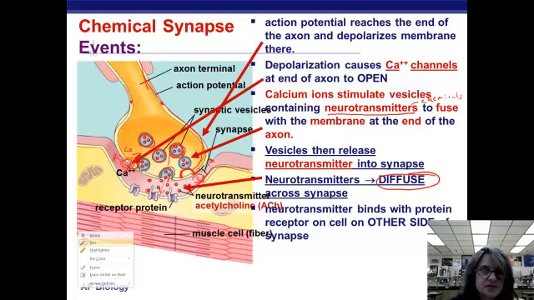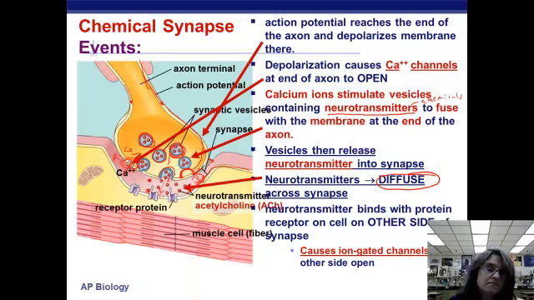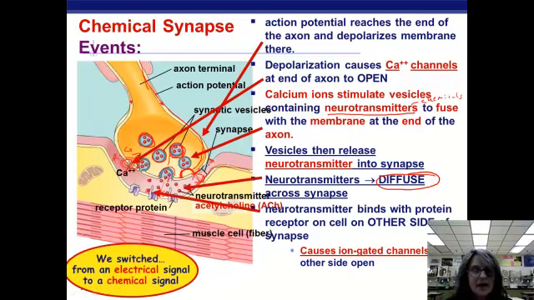Perhaps they will cause another type of ion channel to open on the other side or something like that. Okay? Basically what we've done here is we had an electrical signal zooming down to the end of the axon, and now we converted that electrical signal to a chemical signal, and that chemical signal is leaving here, coming over here, docking and causing something now to happen over here.